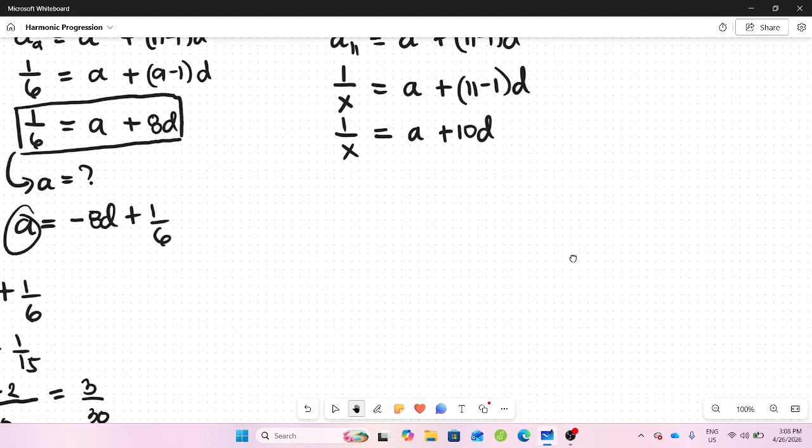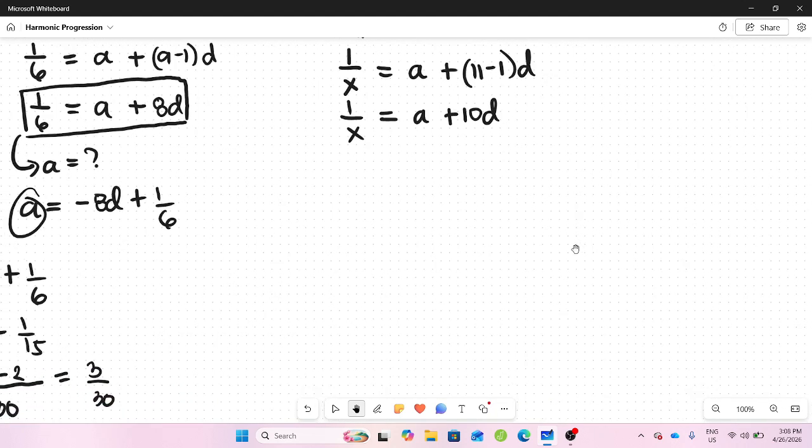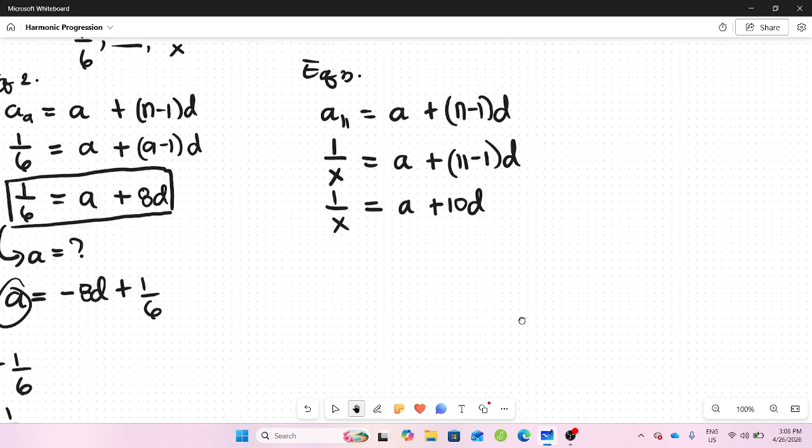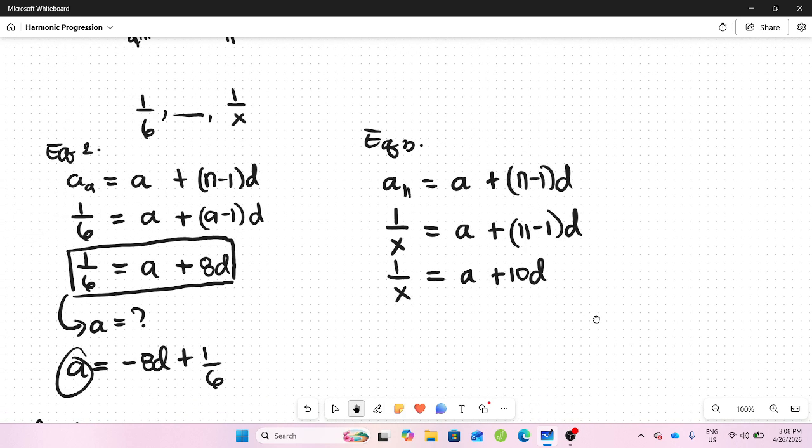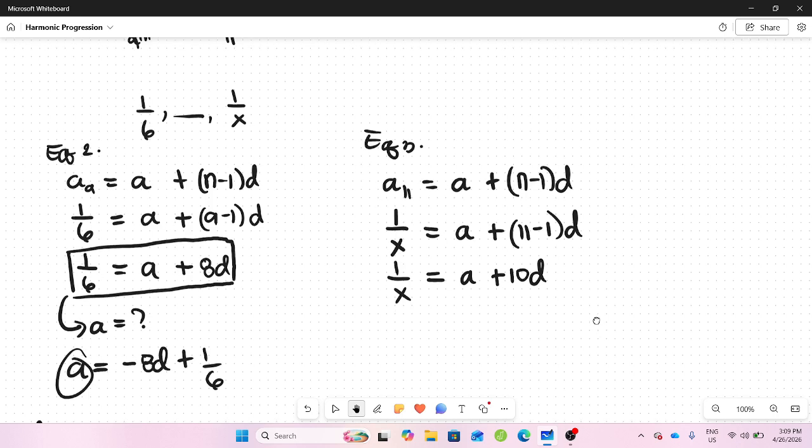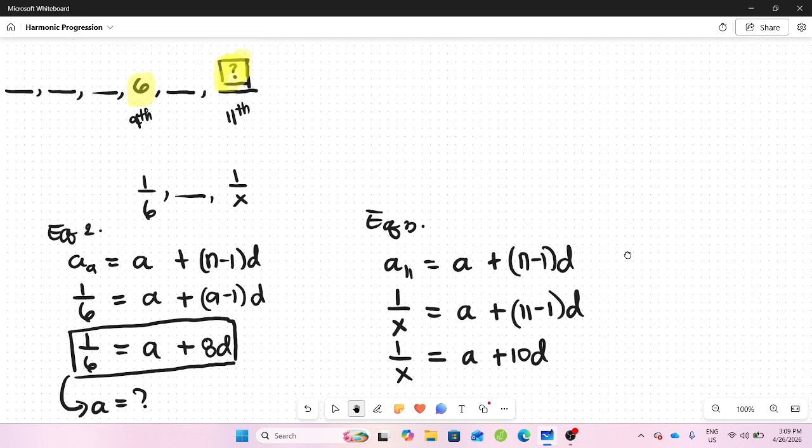Okay, so with that said, going back here to solve for the value of x, because we were asked to solve for the value of x.